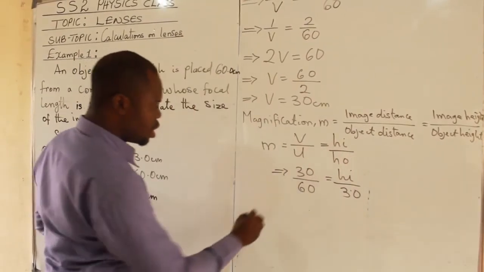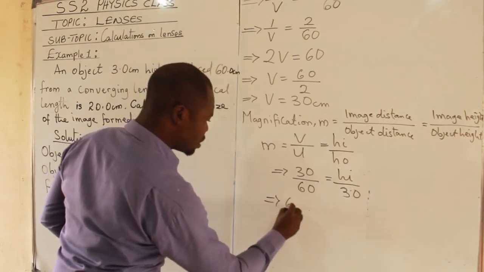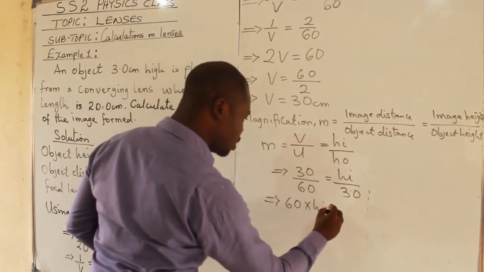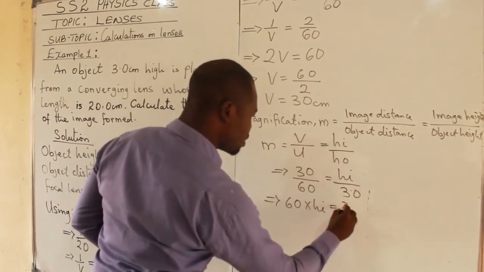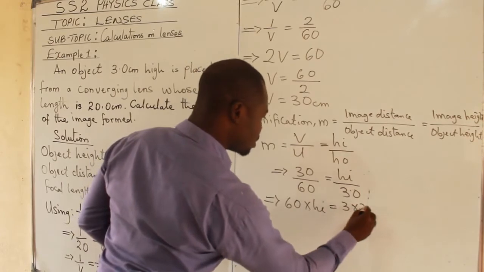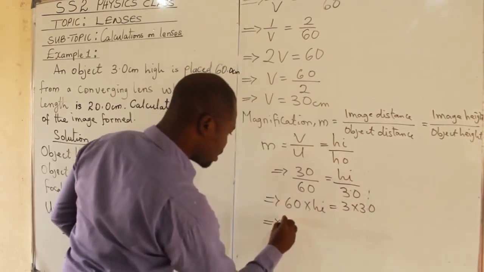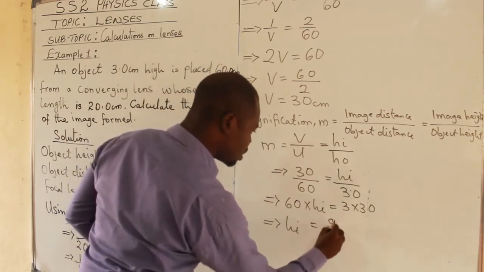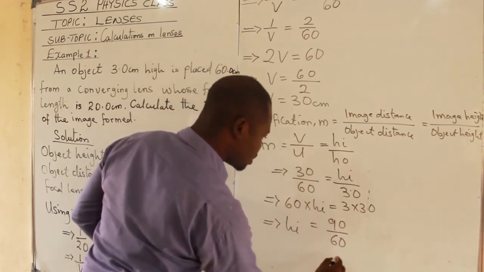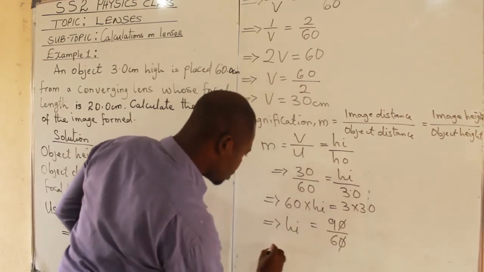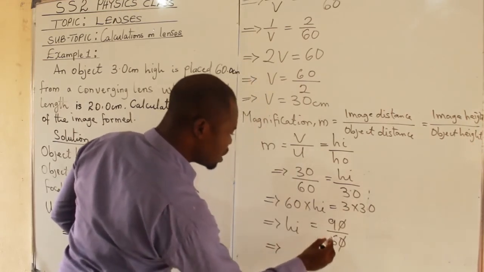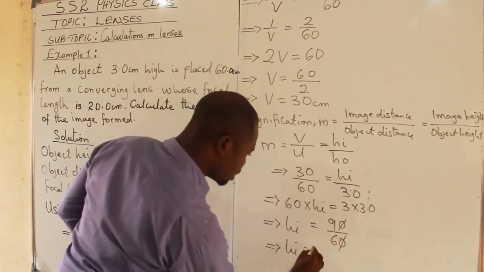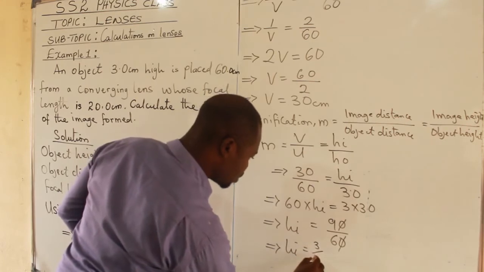So from here you have 60 times the image height equals 3 times 30. The image height, or the size of the image, equals 90 over 60. Cancelling the zeros, 9 over 6, and dividing by 3, we have 3 over 2.